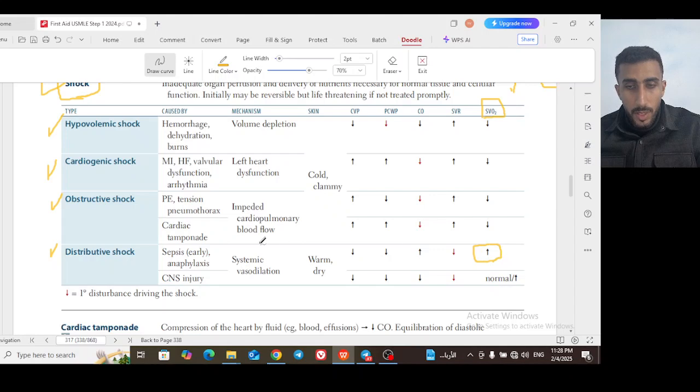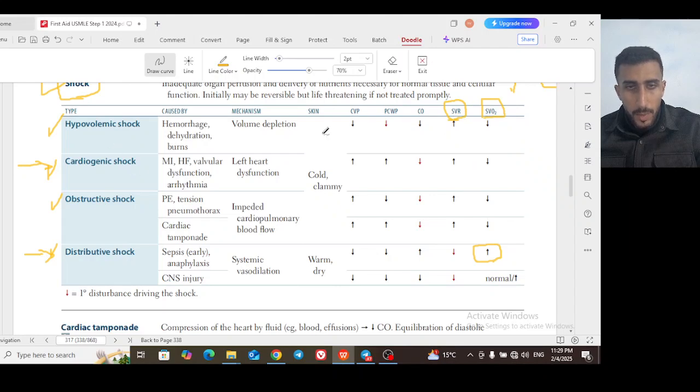This is a very high yield point: if you have a patient who has shock and you don't know whether it is septic shock or cardiogenic shock, you withdraw a sample from the central venous catheter and examine it for the saturation of venous oxygen. It will be increased in distributive shock and septic shock, and it will be decreased in cardiogenic shock.